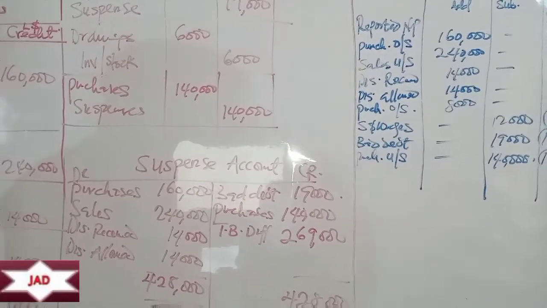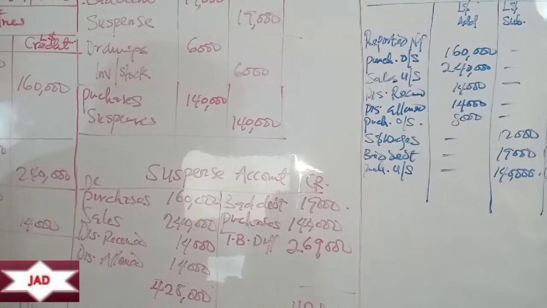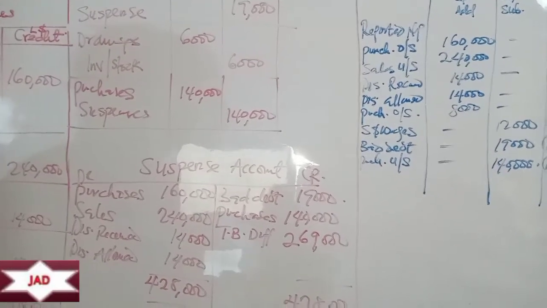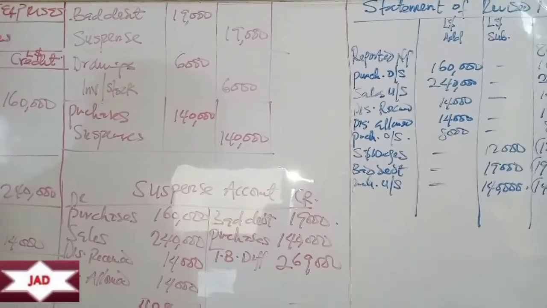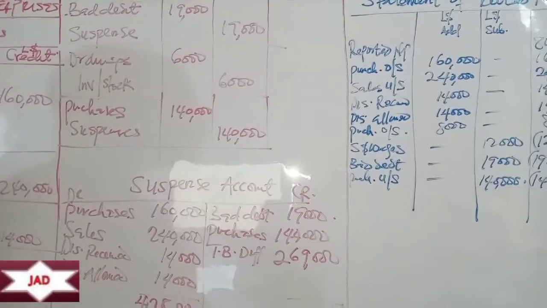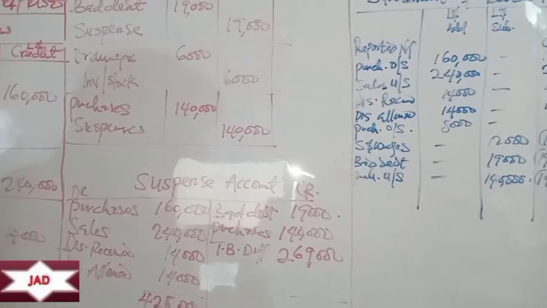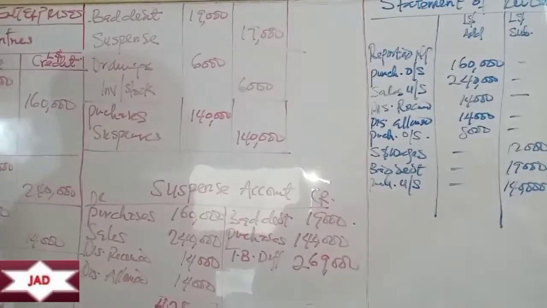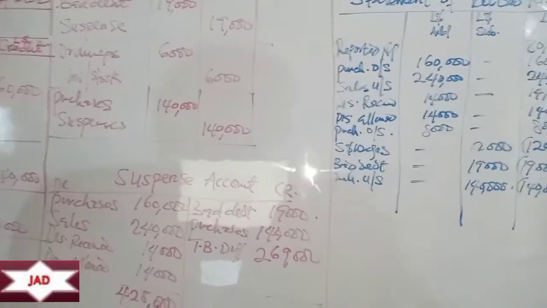And when you overstate closing stock, remember it's opening stock, add purchases, less closing stock. So if you overstate your closing stock, you would have understated your cost of sales. And that means you would have overstated your profit.